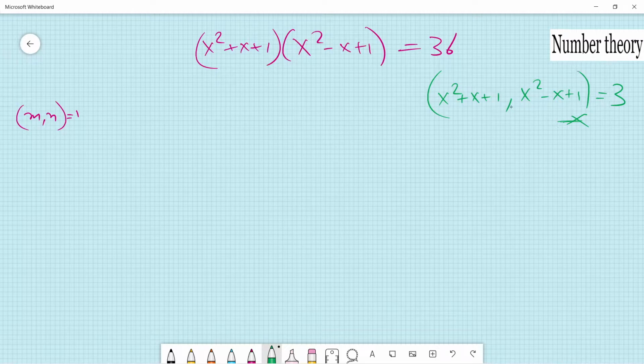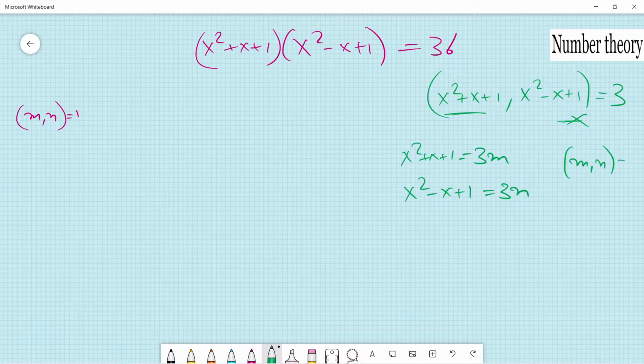Suppose their GCD was 3, so then we can write x² + x + 1 as 3m, and x² - x + 1 as 3n, where the GCD of m and n is 1. So this equation then becomes 3m multiplied by 3n equals 36.